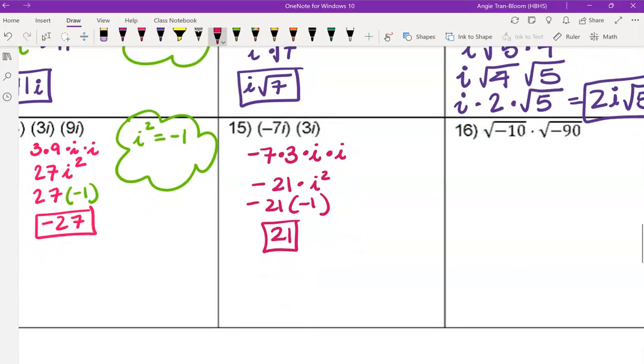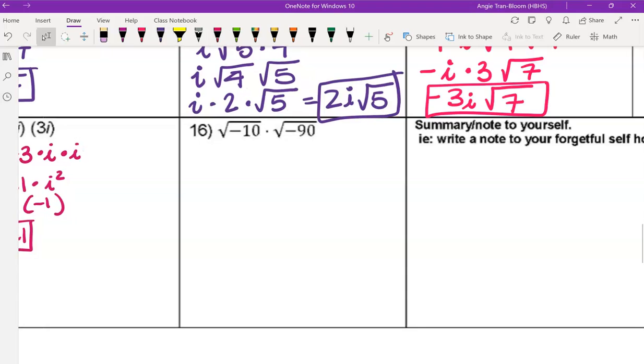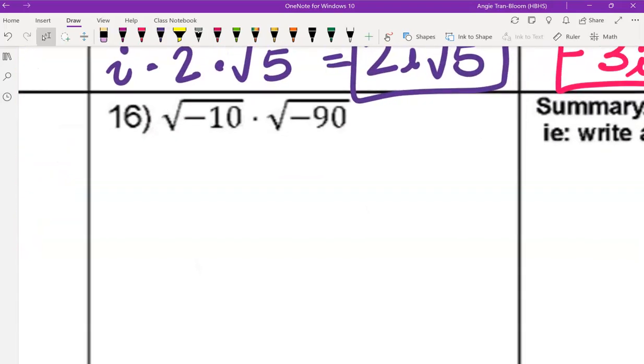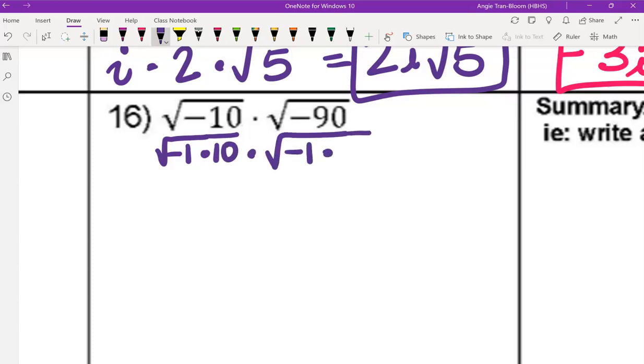Okay, so example 16, let's break it down. Every time you see a negative under the root, guys, rewrite it, okay? Negative 1 times positive 10 times negative 1 times positive 90. And break it up.